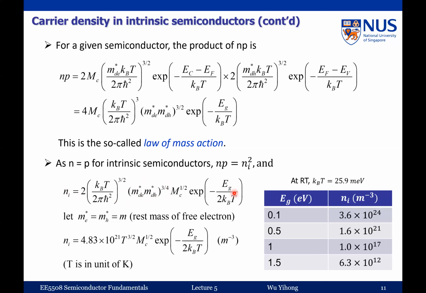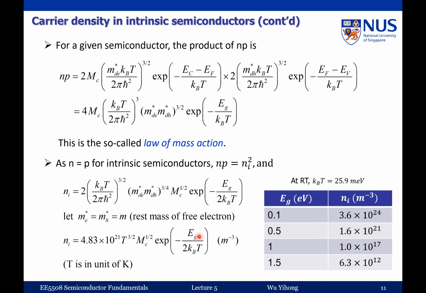Because if your semiconductor is given, then Eg is also given, right? So if we look at a simple case, we just let this effective mass be the same as the rest mass of a free electron. Just simplify this, and then we can find this intrinsic carrier concentration as a function of temperature and band gap.